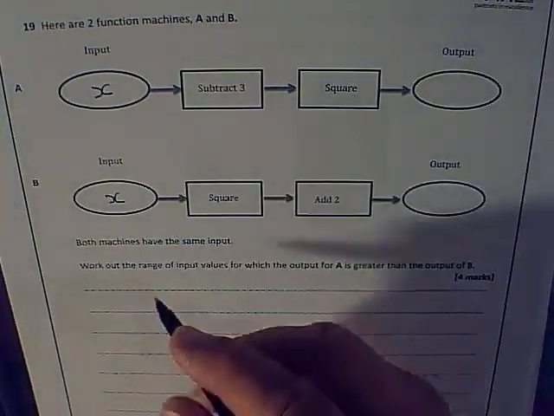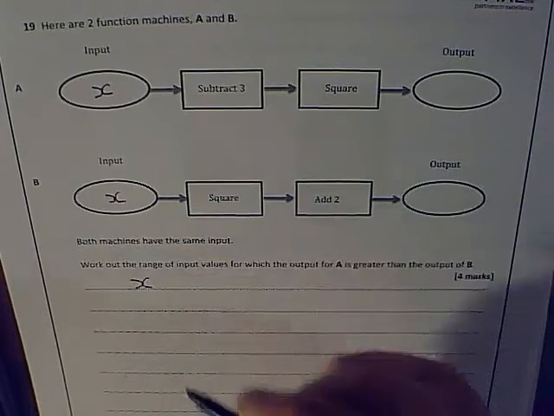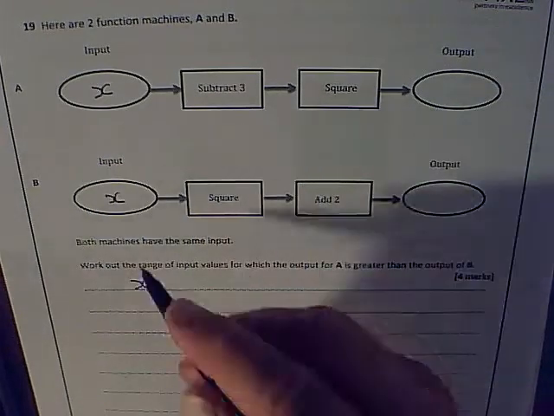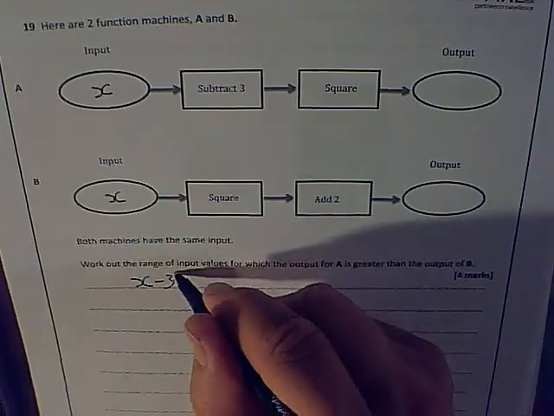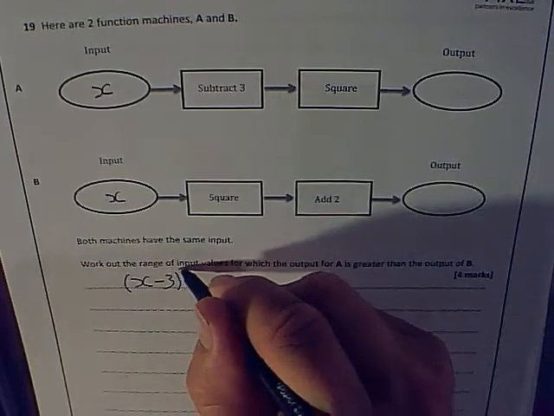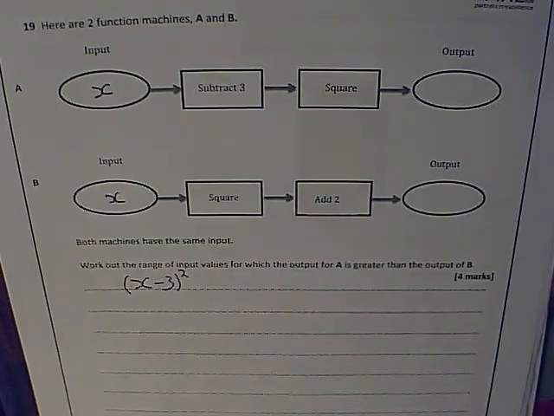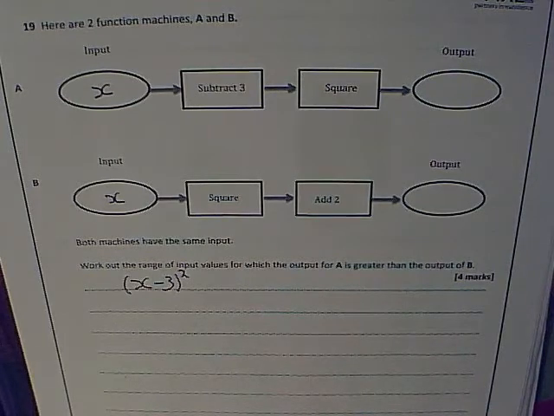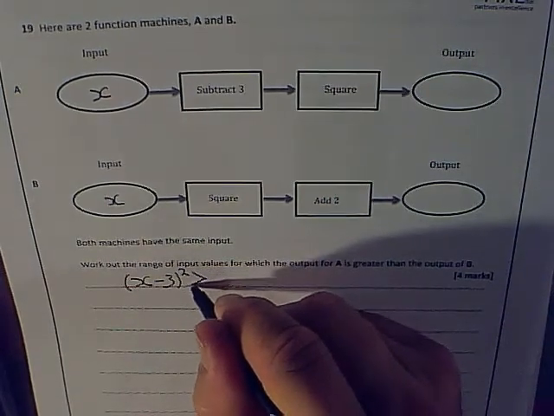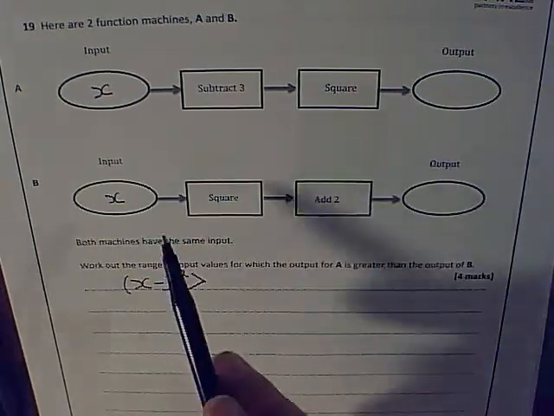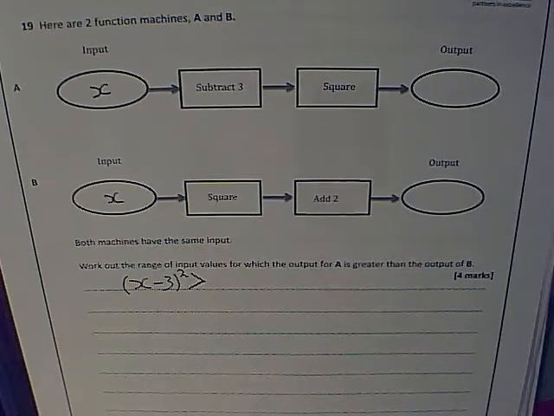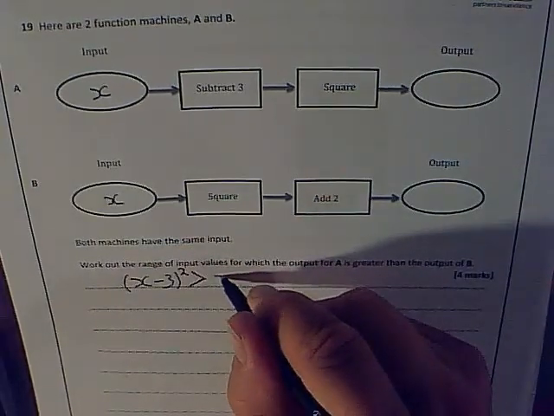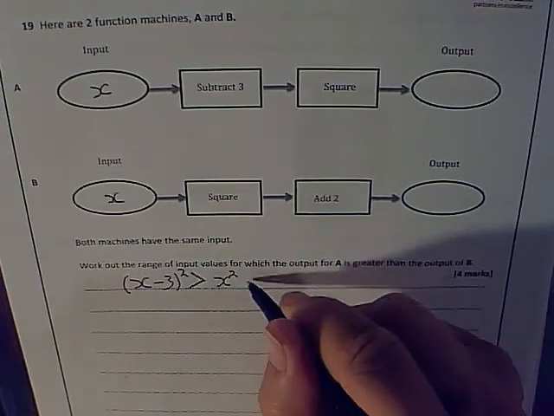For A, I've got x, take away 3, and then square that. I'm not squaring the 3, I'm squaring all of that. So x minus 3 squared, and I want the values for which that is greater than B. If I algebraically model B, I've got x, I square it, and I add 2.